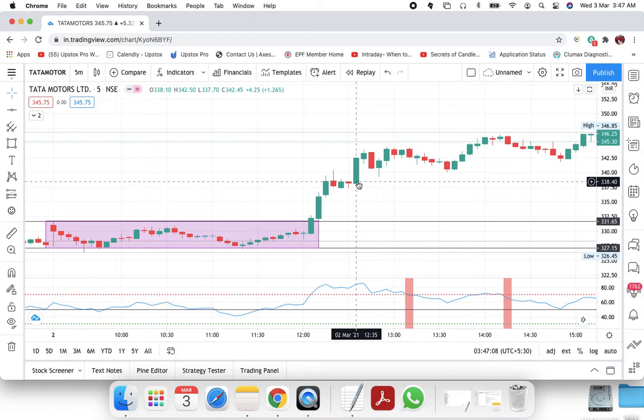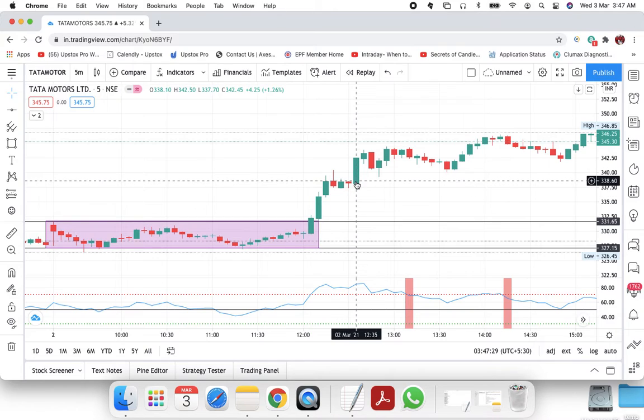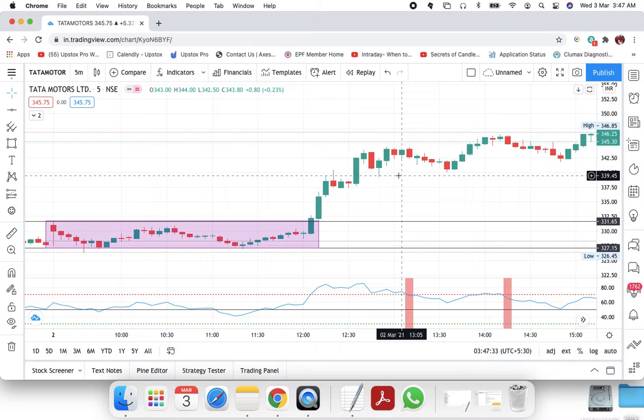Then again the candle started high. Still this candle's low is not broken. So we can keep our position till the previous candle low is broken. So here also this low is not broken by these candles.